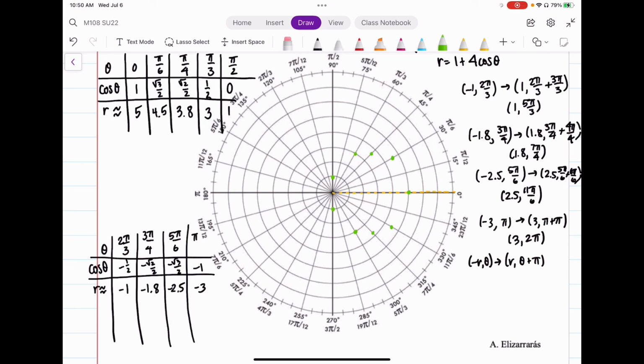At 5 pi over 3, I have a point of 1, and I'm going to draw these in yellow just so you see that they're the second points that we did.